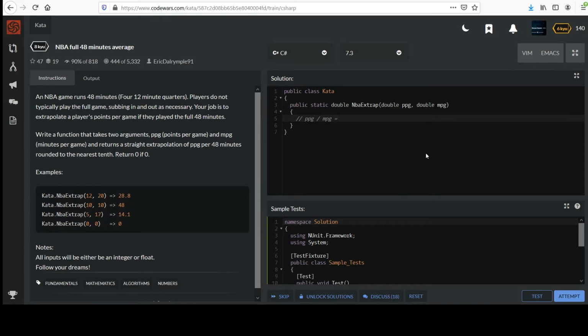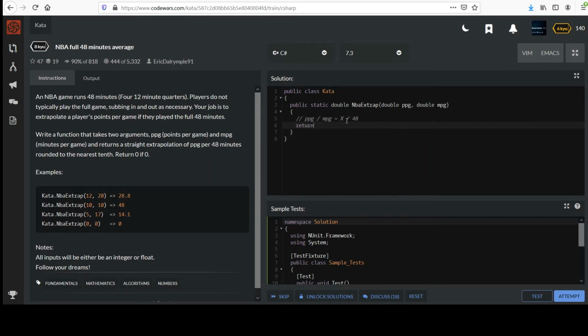And we can make a ratio and compare that to x, whatever the points per game would be for 48 minutes, playing every second of the game, over that 48 minutes, right? And then we have a sort of ratio here where we're going to scale it up. And if you solve for this equation, you can figure out how to solve this problem.